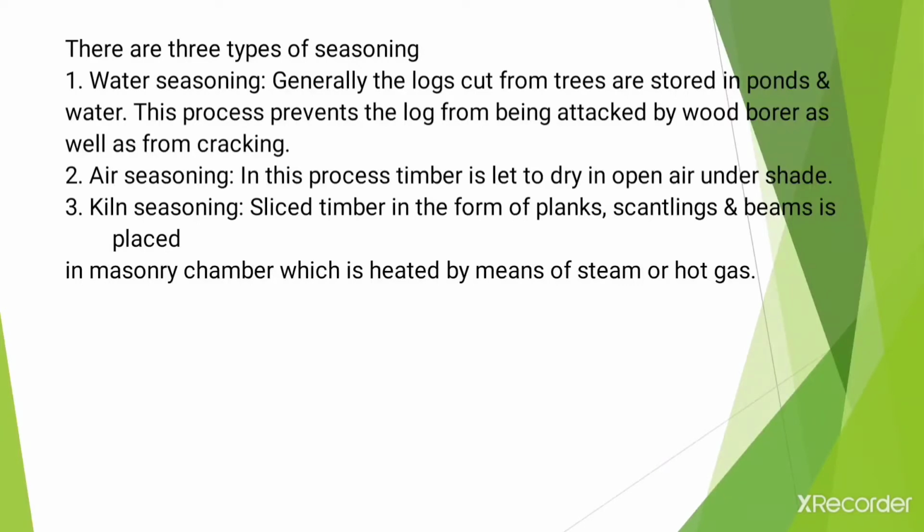Generally, the logs cut from the trees are stored in ponds filled with water, and this process prevents the log from being attacked by wood borer, as well as from cracking.